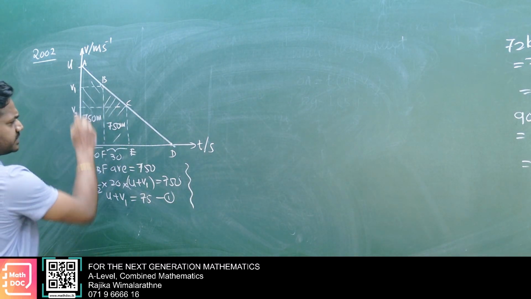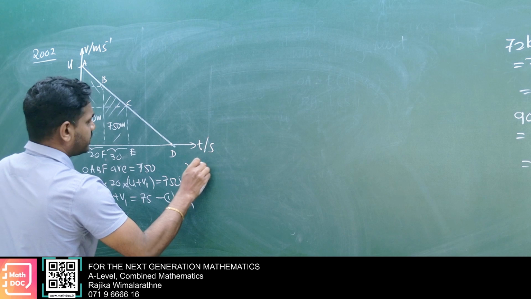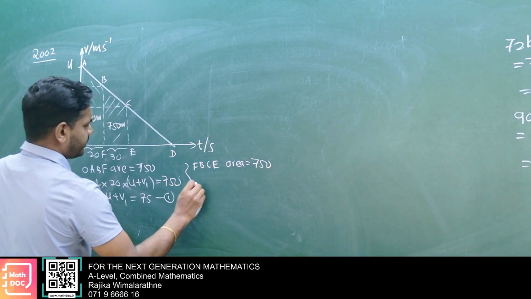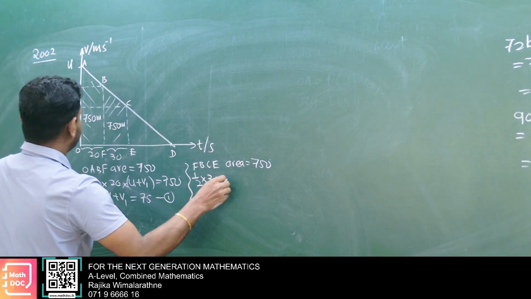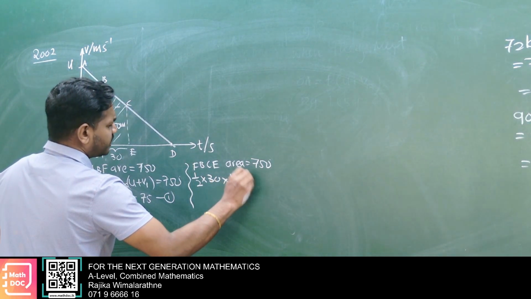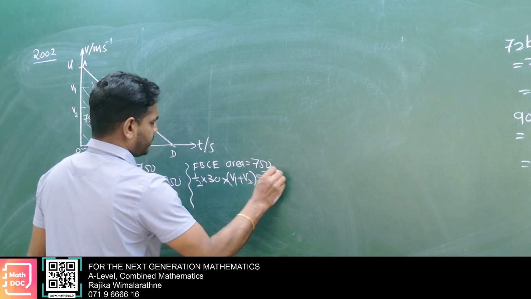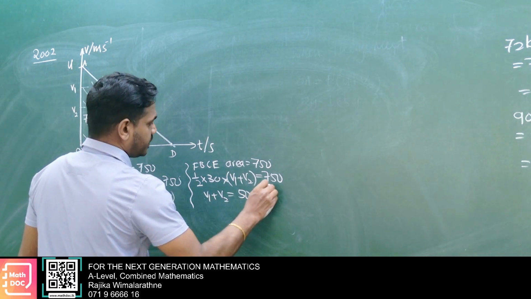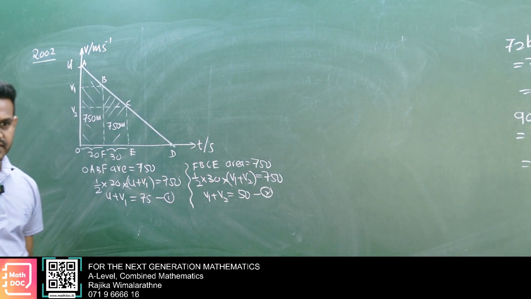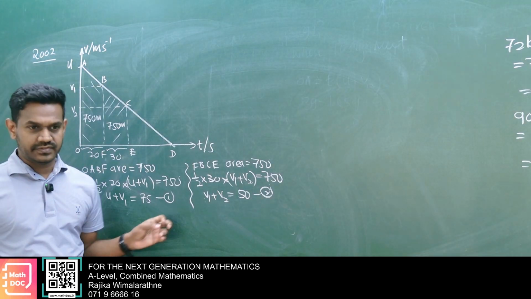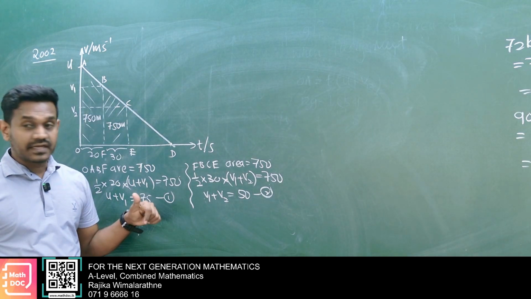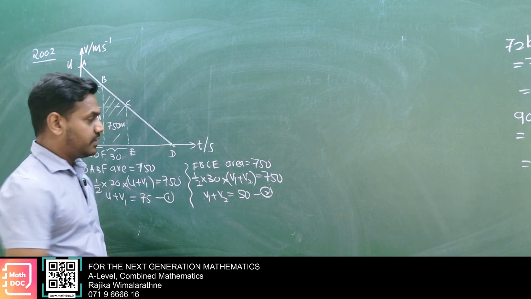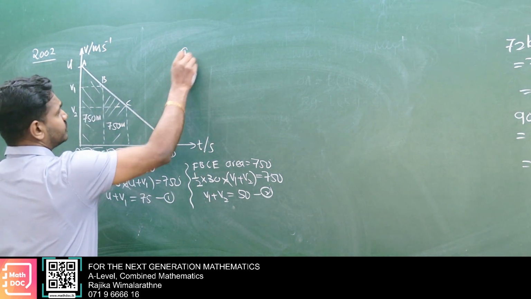Then similarly write this: the FBCE area is again 750, half into 30 into V1 plus V2, so V1 plus V2 equals 50. So here we have only two equations, but three unknowns. But we can create another equation by taking the full displacement. Or otherwise you subtract 1 minus 2.